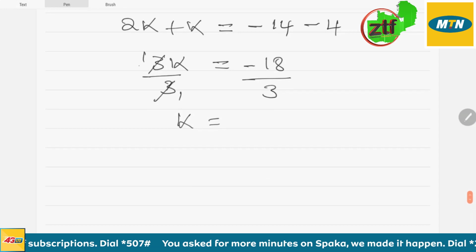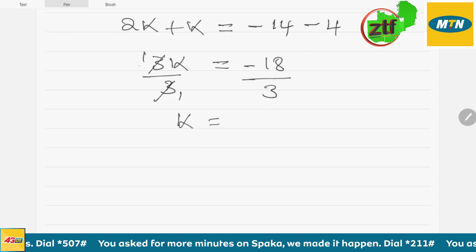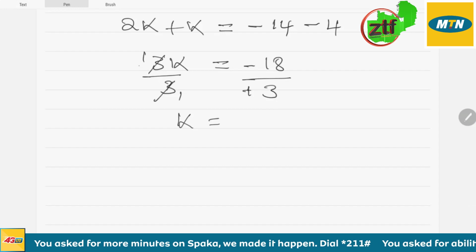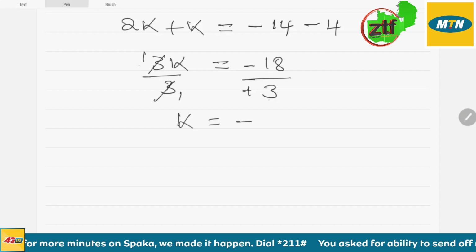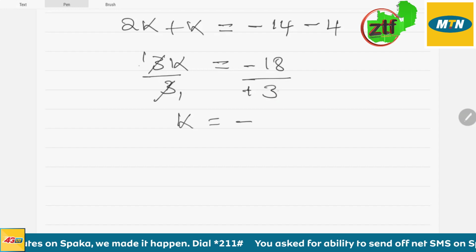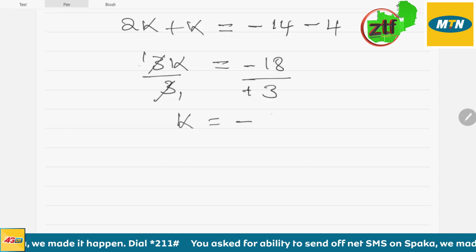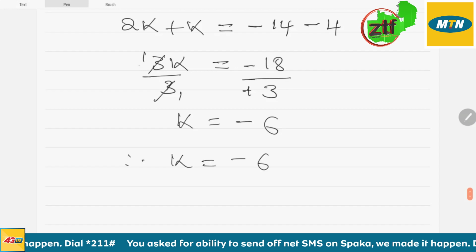Then when you divide positive 3 into negative 18, the denominator 3 is positive. So when I multiply positive by negative, I will get negative. How many times can 3 go into 18? Or I'm dividing 18 by 3. So 3 can go into 18 6 times. Therefore, the value of k is equal to negative 6.